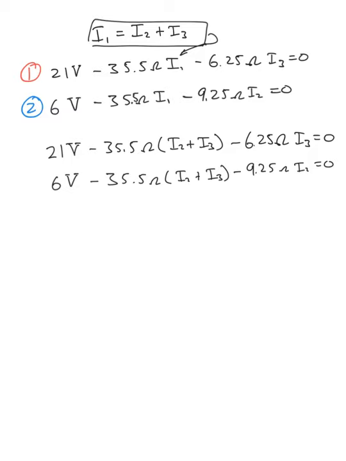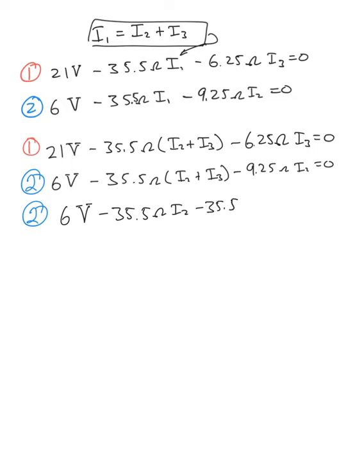So let's try it. We are going to solve this bottom equation for I2. I'm writing out our bottom equation where we separate out our I2 and I3 terms. And this is still equal to 0.